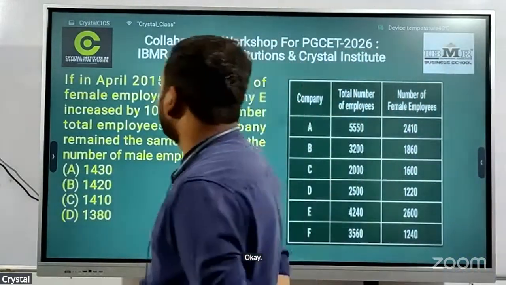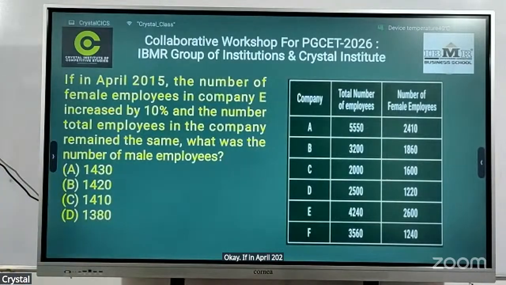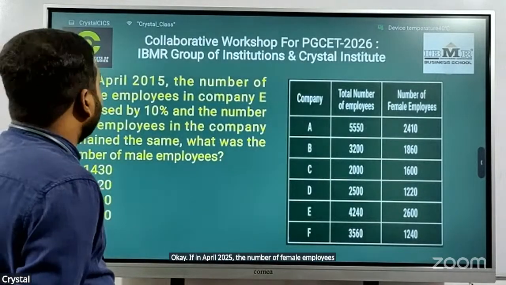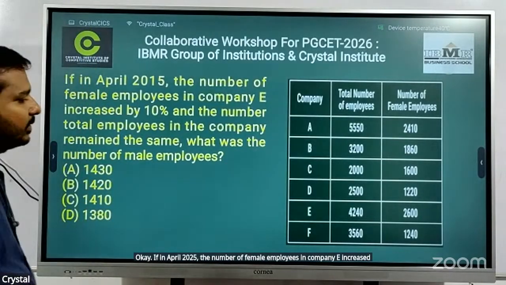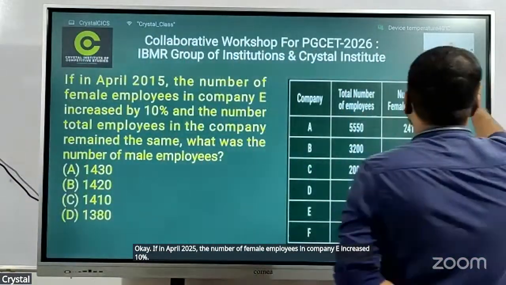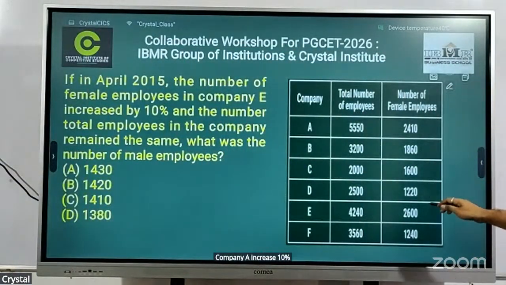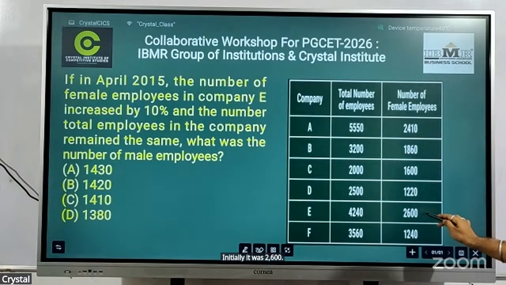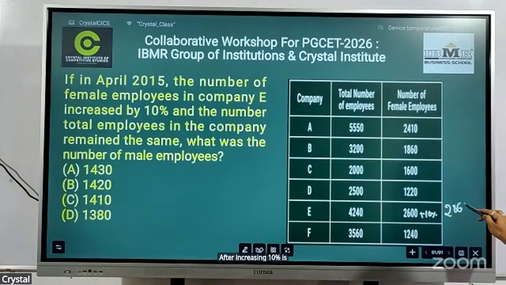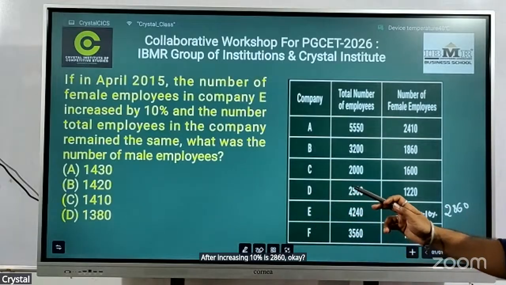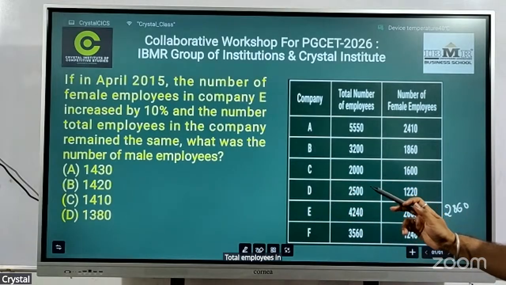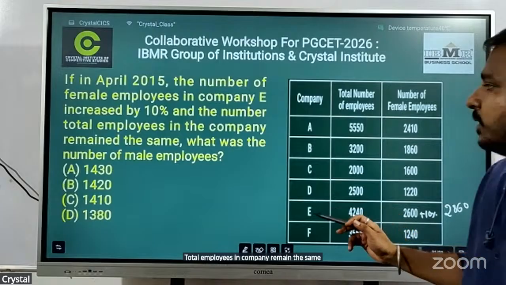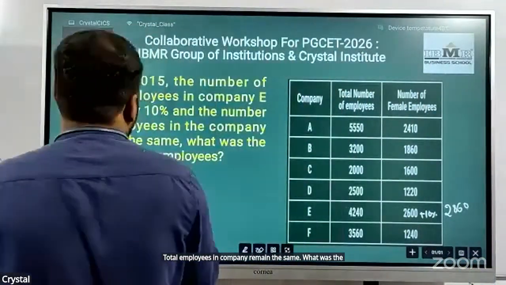If in April 2025 the number of female employees in company E increased 10%. Initially it was 2,600. After increasing 10% it is 2860. Total employees in the company remained the same. What was the number of male employees?